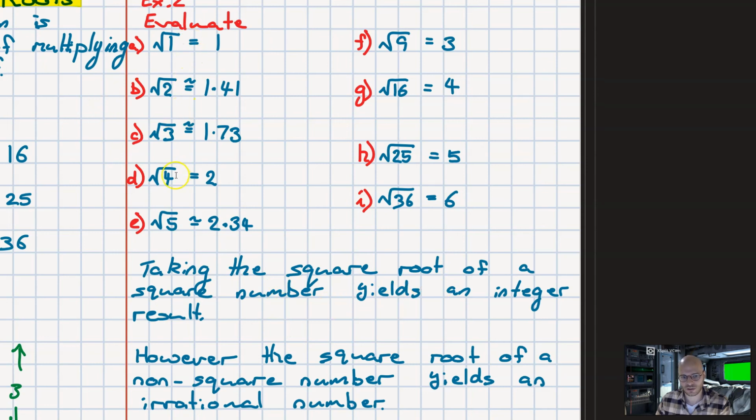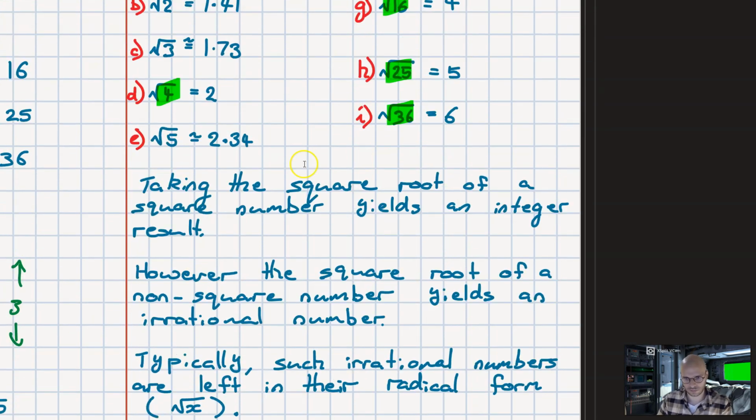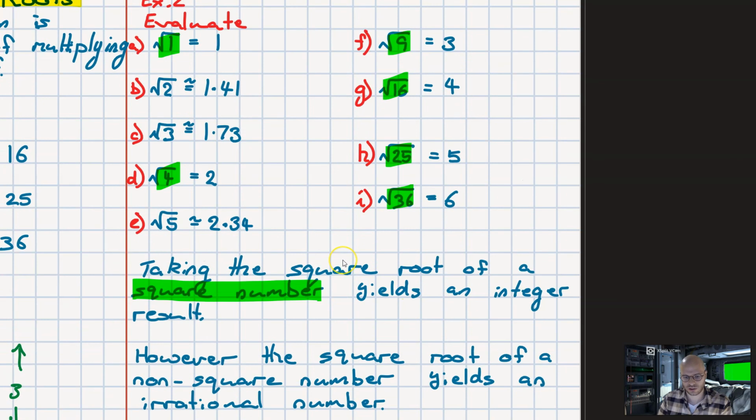So 1, 4, 9, 16, 25, and 36 are all square numbers. In contrast, the square root of a non-square number yields an irrational number. So non-square, we have root 2, root 3, and root 5. So these give us irrational numbers, numbers that never really end.